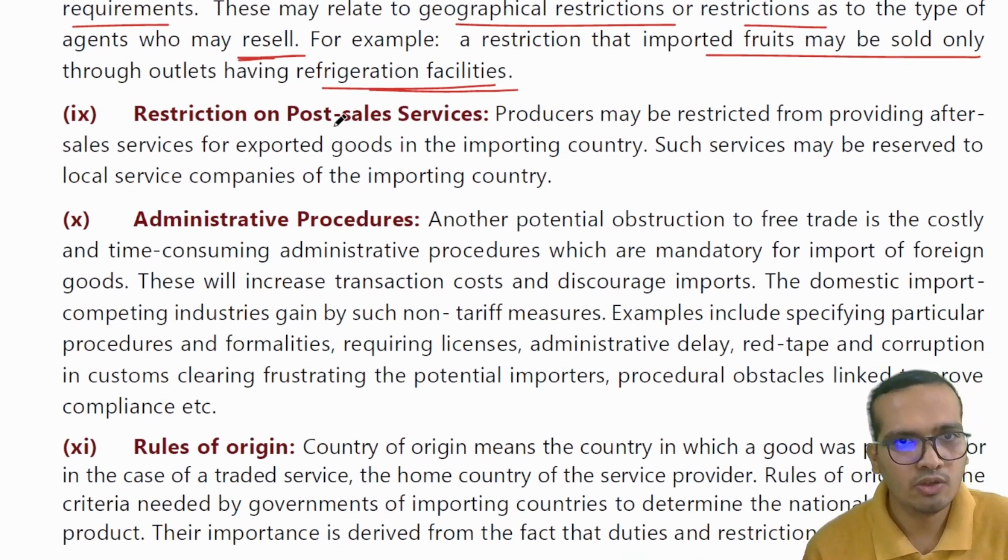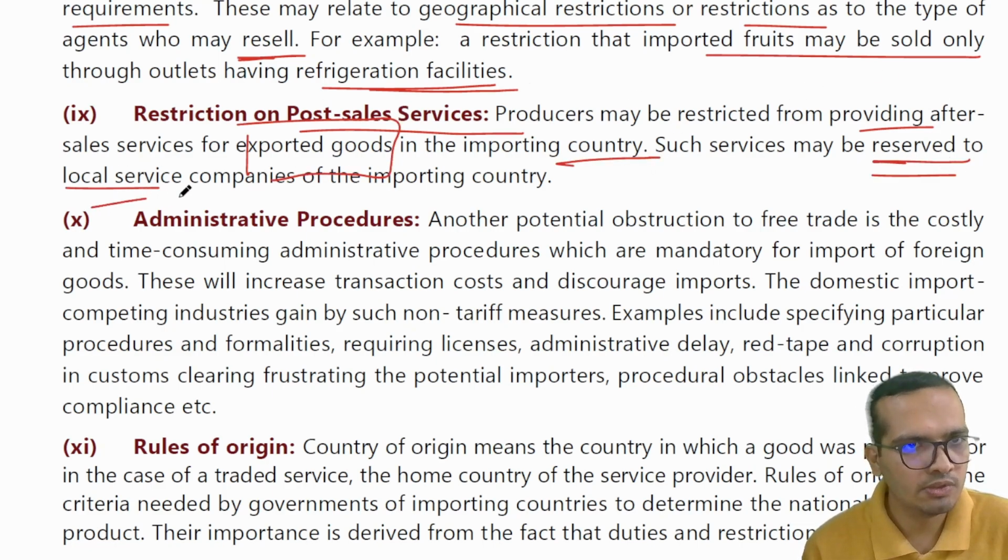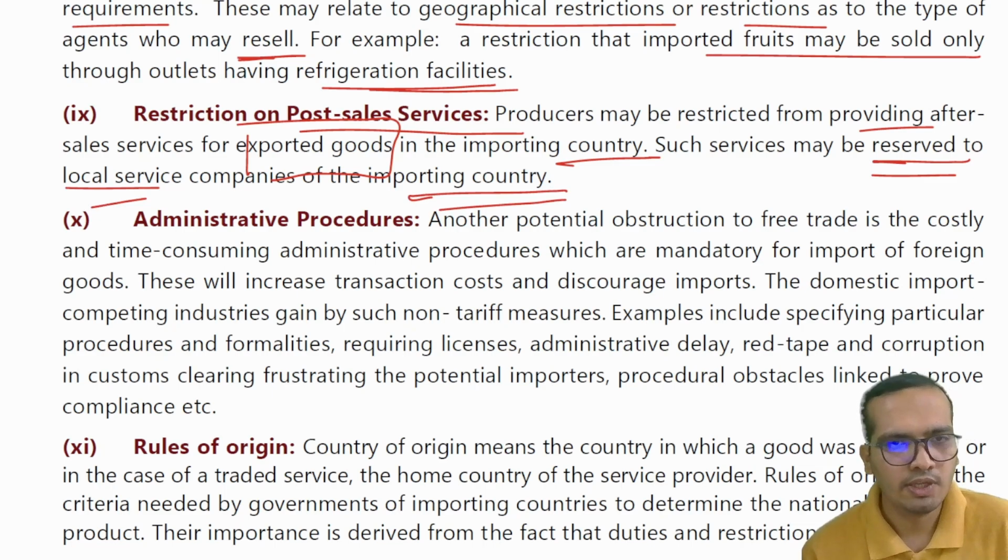Then we have a restriction on post-sale services. That is, producers may be restricted from providing after-sale service for exported goods in the importing country. Such service may be reserved to local service companies of the importing countries. That means saying no to the foreign company and giving employment to the local ones.